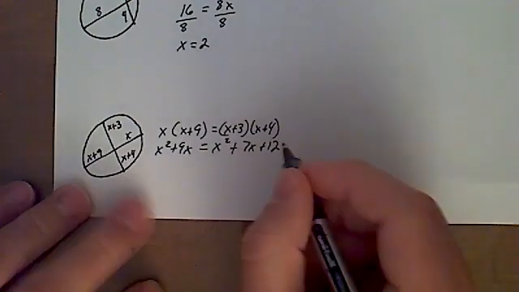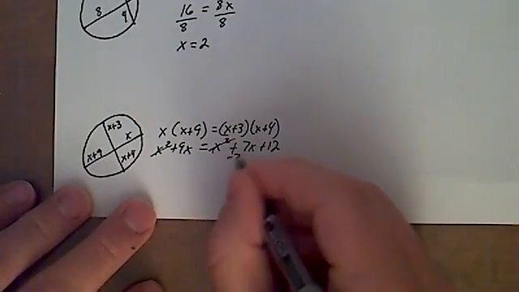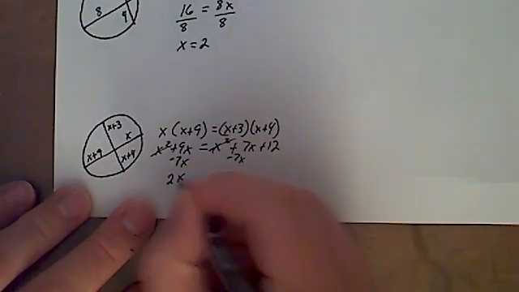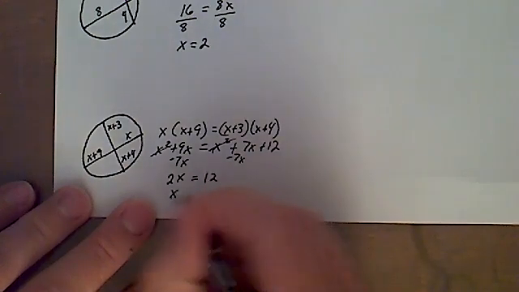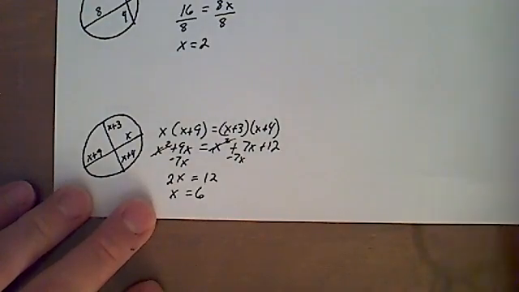We subtract X squared from both sides. The X squareds cancel out. Subtract 7X. We get 2X is 12. Divide by 2 and X is 6.